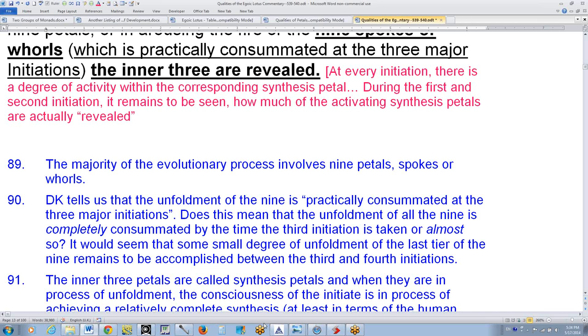There are other places where he does say that the unfoldment of the 3 sacrifice petals is accomplished by the time the third initiation is taken. Of the last tier of the 9, it remains to be accomplished between the third and fourth initiations, but maybe not.